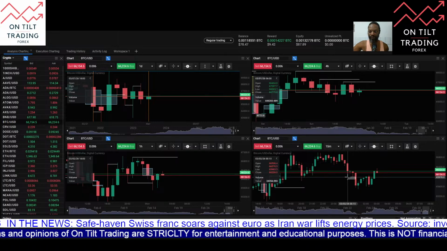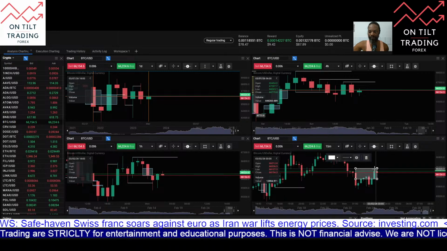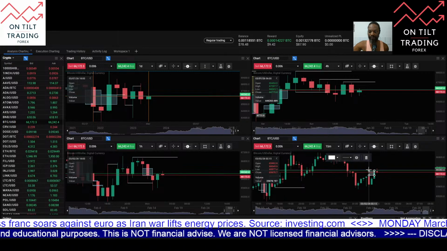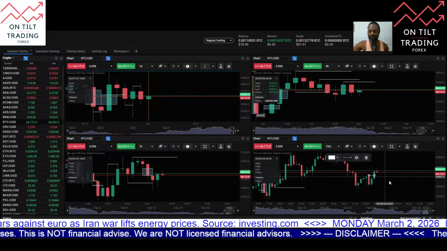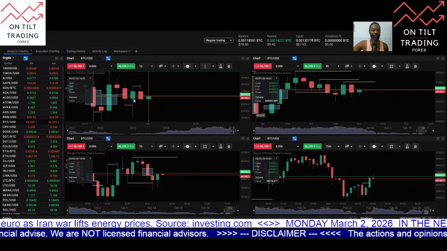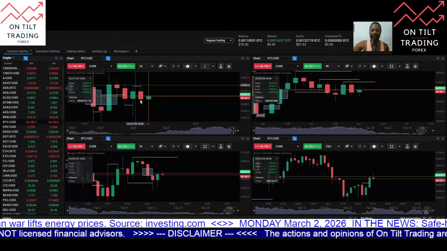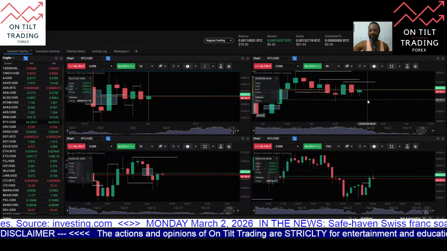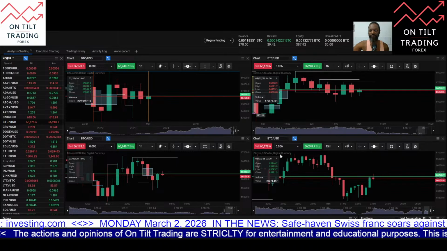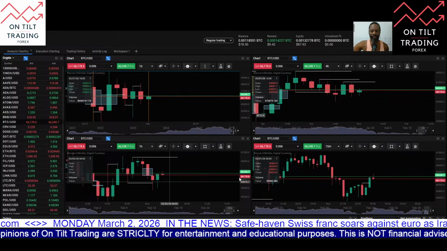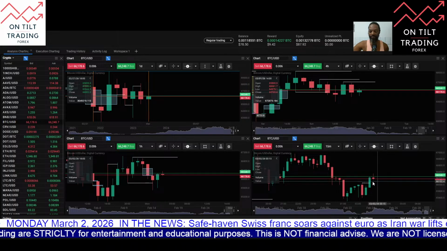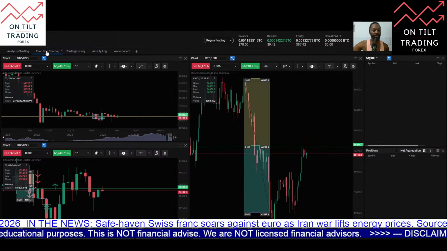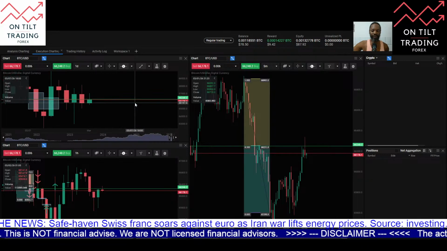Shifted bullish here. Okay, so right now I have a sell side bias overall on the day, and then here on the 4 hour I'm bearish, on the 1 hour bearish, and bullish here on the 15-minute. So this is good to trade.